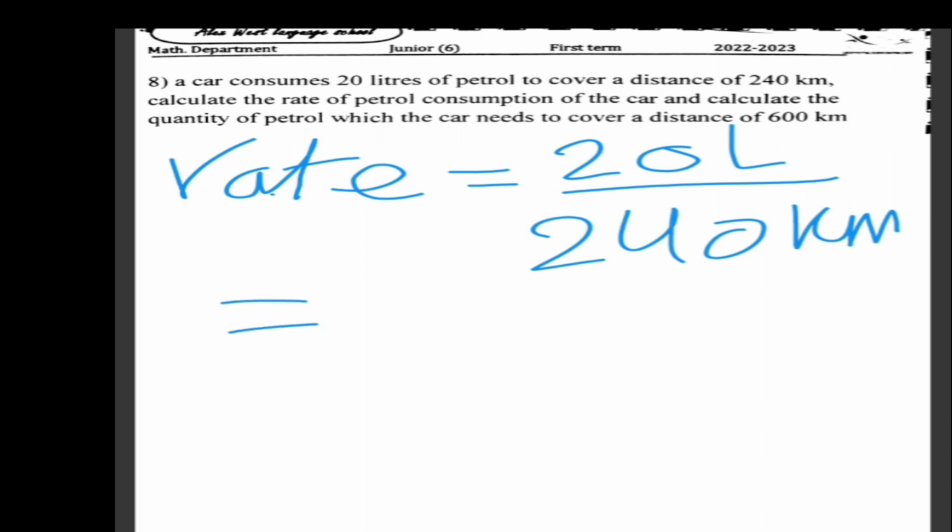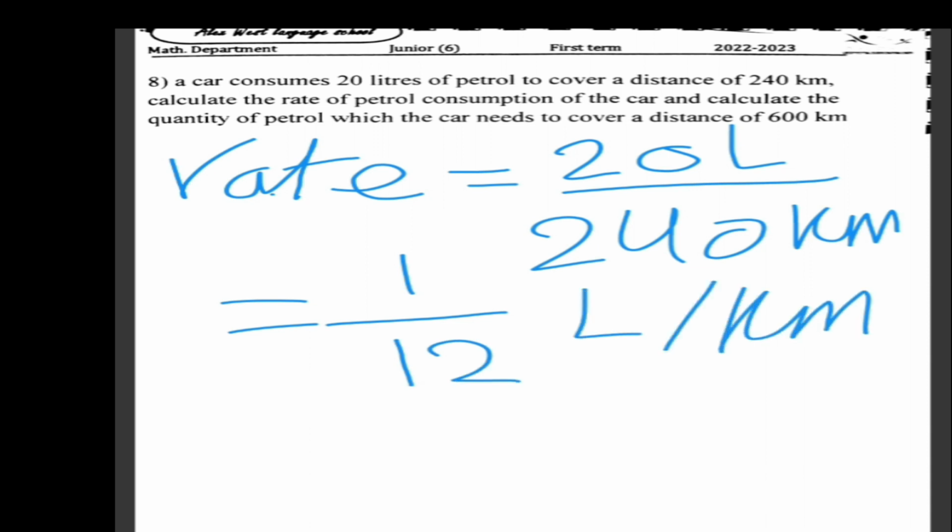So our rate will be 1 to 12 liter per kilometer, as 1 liter of petrol is used to cover a distance of 12 kilometers.